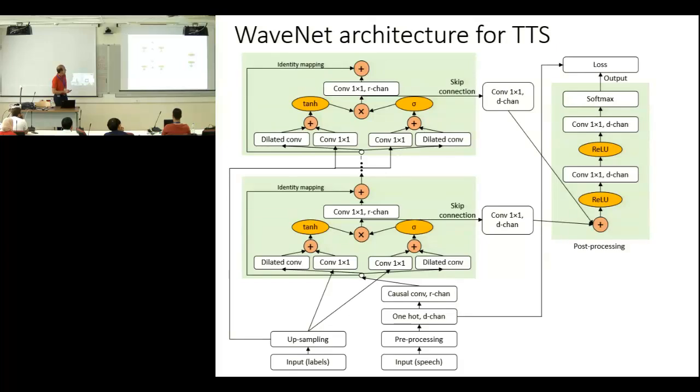And now here is a picture of how the whole thing works together with some linguistic information. We do upsampling, and we have some other convolutions here which are added and passed through the tanh and through the gate and so on.